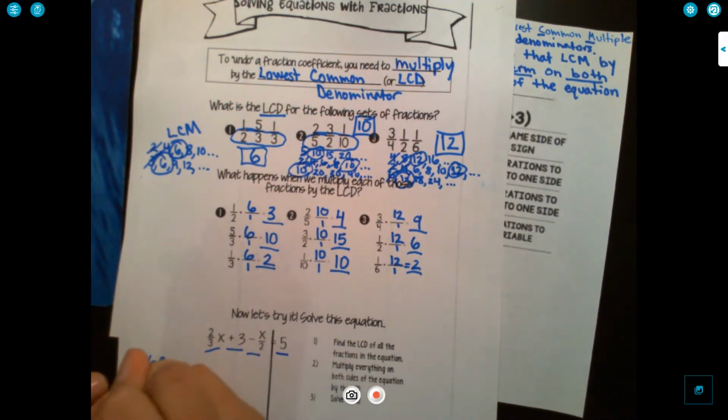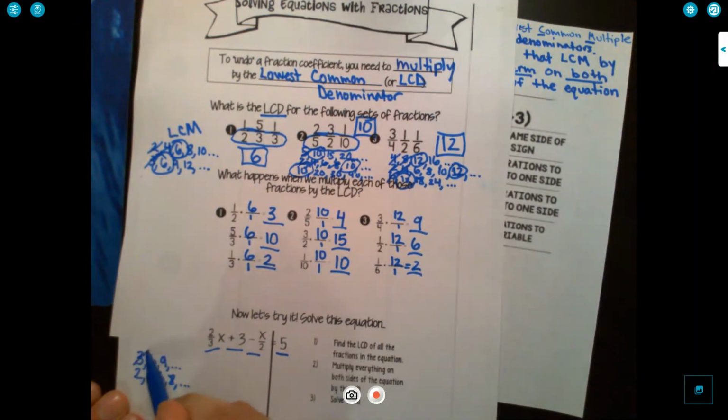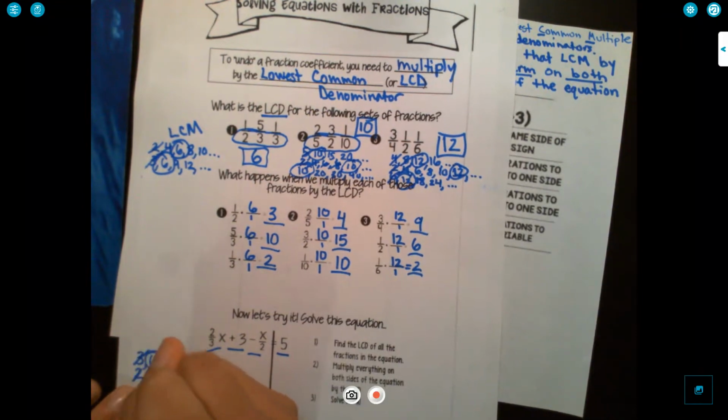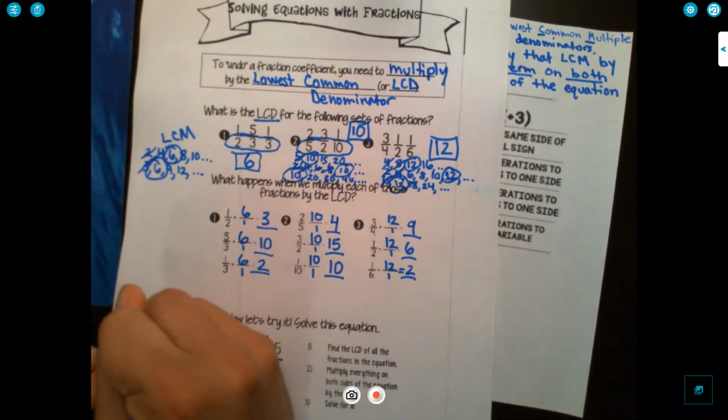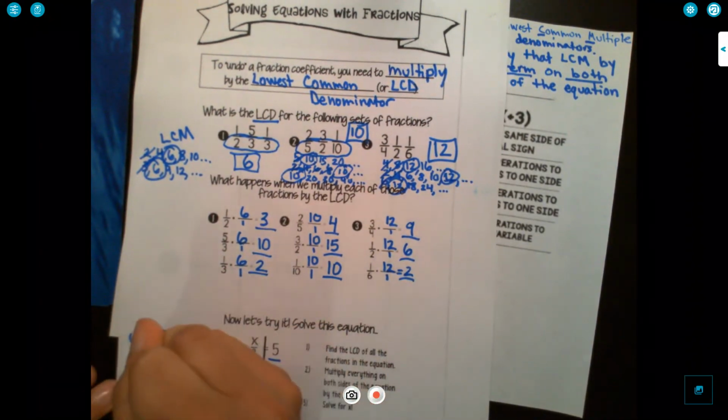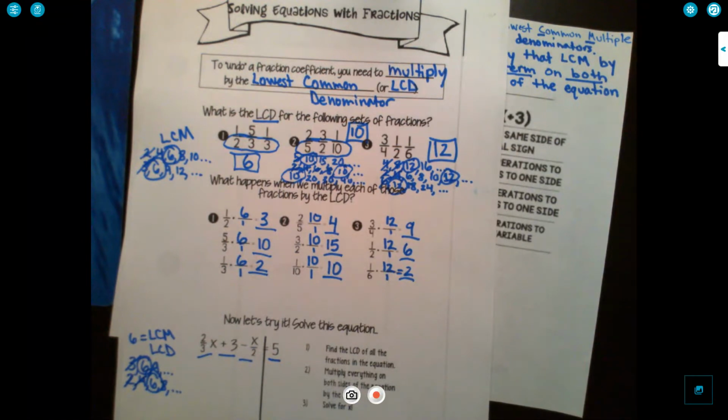For 2, we have 2, 4, 6, 8, and so on. All right, so the smallest number that they share, cross out the 3, looks like it's 6. So 6 is our lowest common multiple or lowest common denominator.